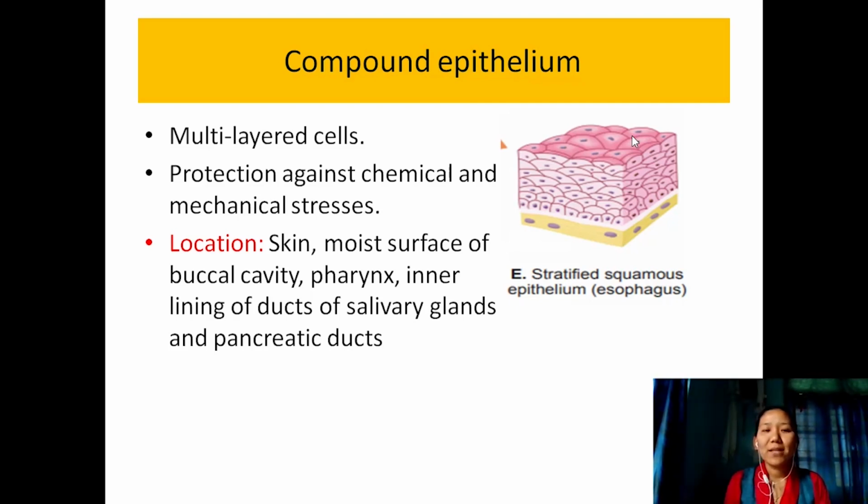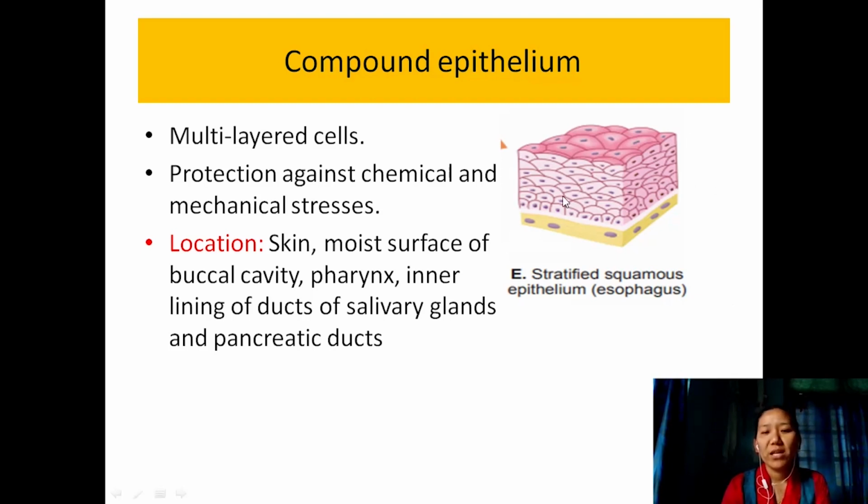As in the case of simple epithelium, it also has compound squamous epithelium, compound cuboidal epithelium, and compound columnar epithelium, so all three shapes are also found in compound epithelium.